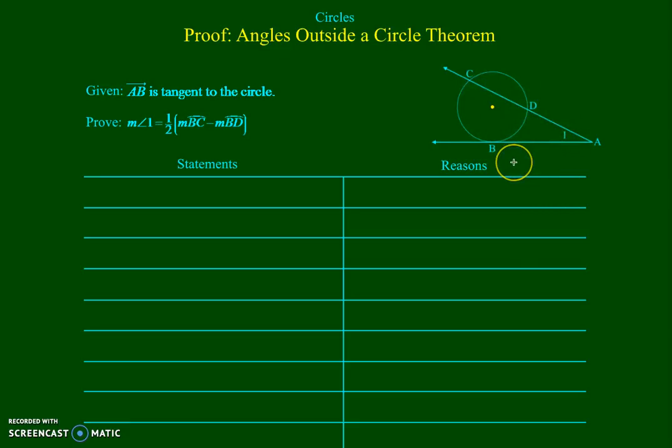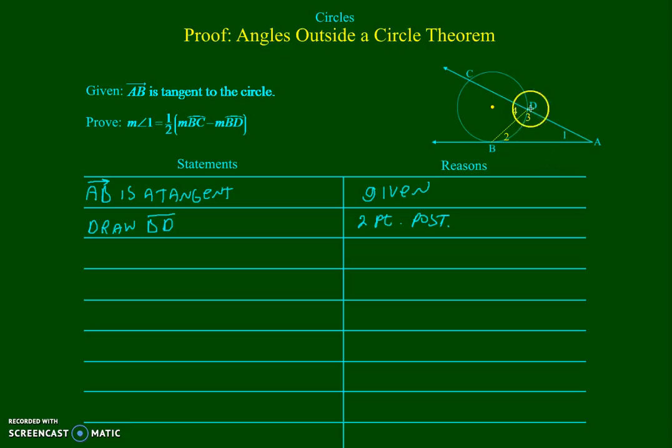So let's draw in our pieces, put in our given information, and get started with the plan for the proof. We've drawn in segment BD, created angles 2, 3, and 4, angle 4 being an exterior angle to this triangle. Now we're going to show that angle 4 is 1/2 CB with the inscribed angle theorem.